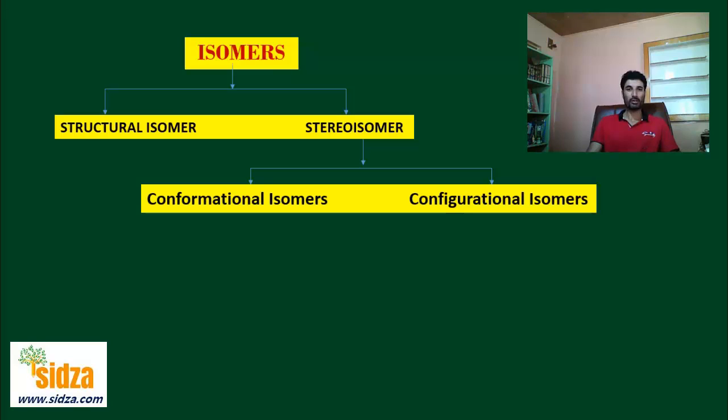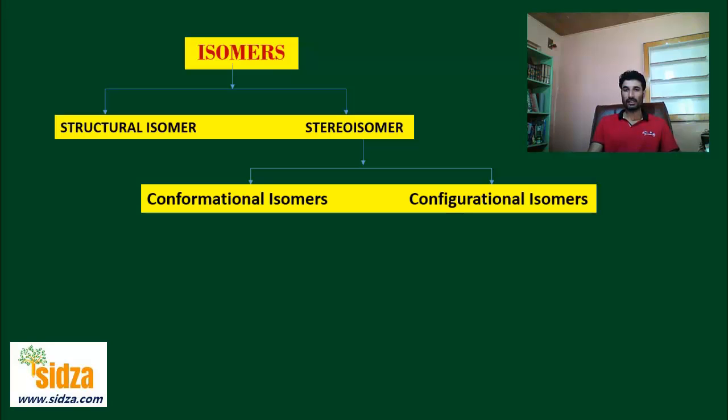Some of the stereoisomers can interconvert on their own at room temperature. They are the conformational isomers. While configurational isomers are those stereoisomers which do not get interconverted at room temperature on their own, because they need a lot of energy to change one stereoisomer into another. That amount of energy is not available at room temperature.